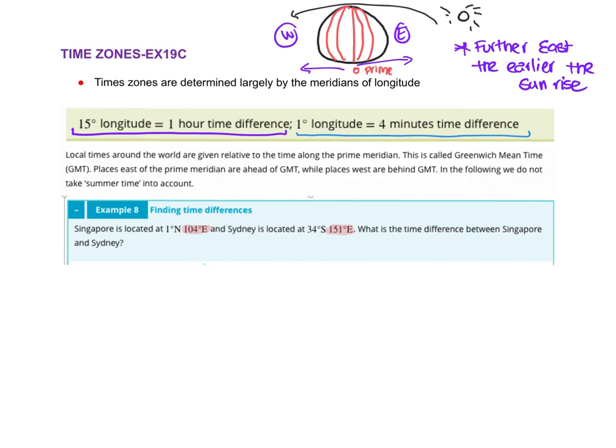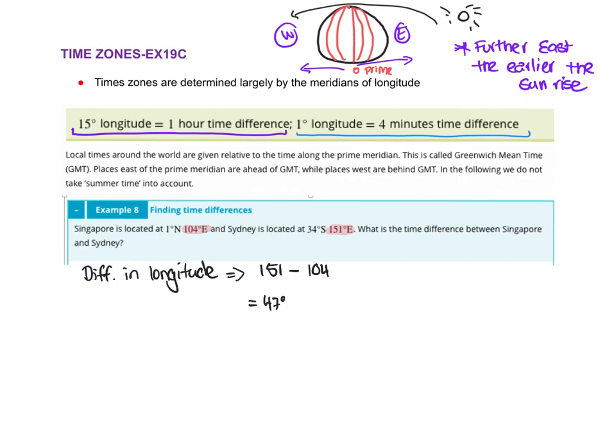To get the time difference, you want to find the difference in longitude first. Sydney has 151 and Singapore is 104, so you end up with a 47 degree difference in longitude.